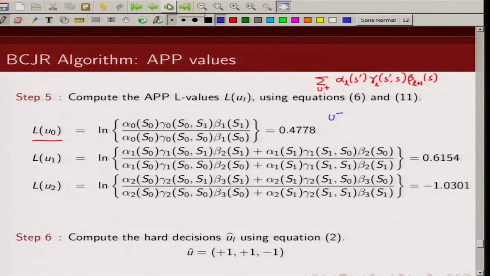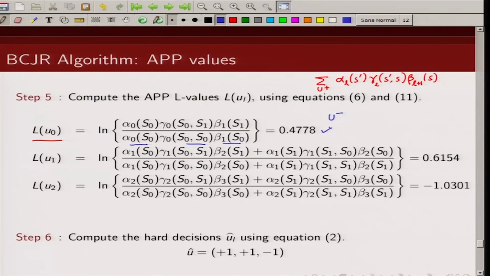So, this is what we have. We can then calculate the a posteriori L value.